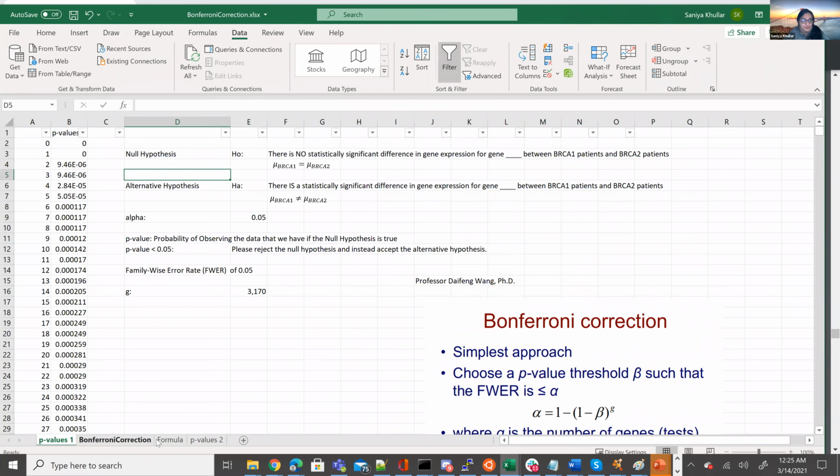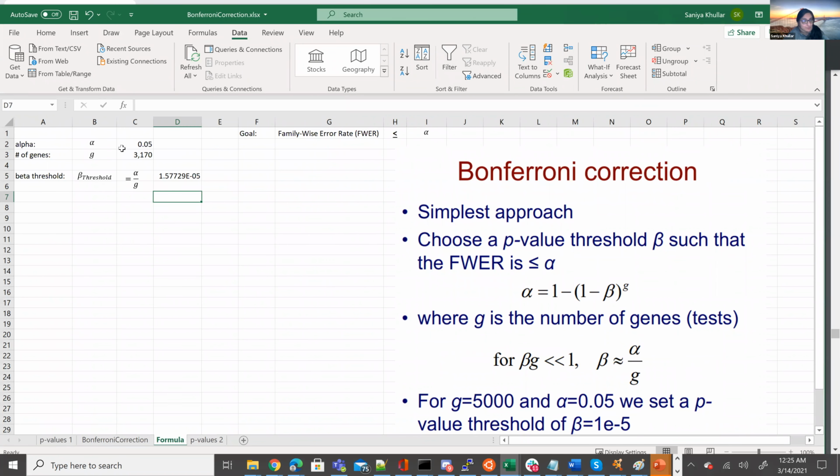I'm going to set my alpha again to be 0.05. I'm going to say the number of genes or tests that we have is 3,170.